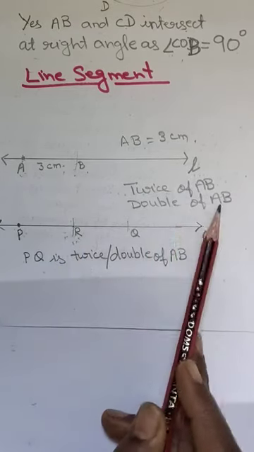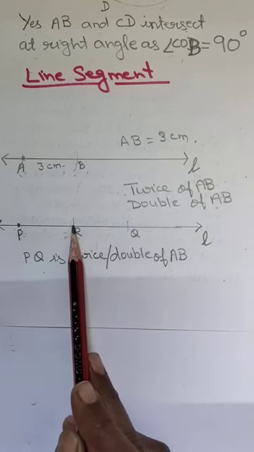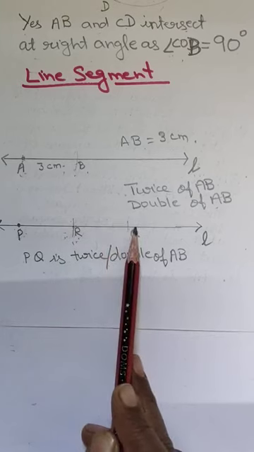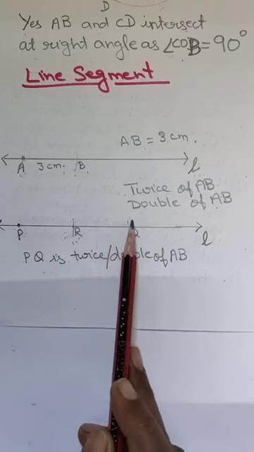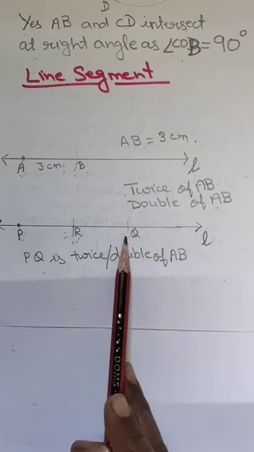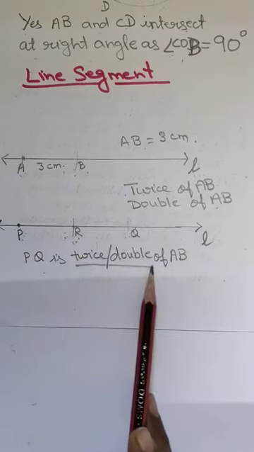But we want double of AB, so now we will place the pointer on R and not change the opening of the compass. That will remain the same. From R, draw one more arc on line L which cuts line L at Q. So this PQ is double or twice of AB.